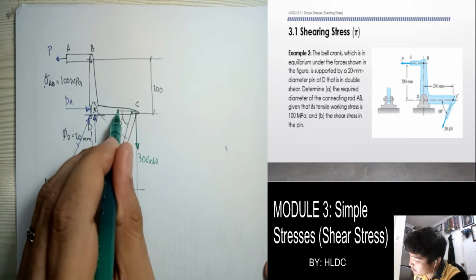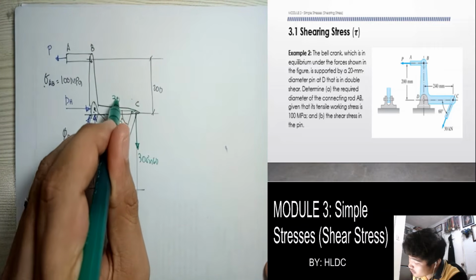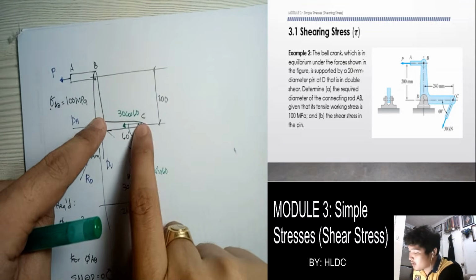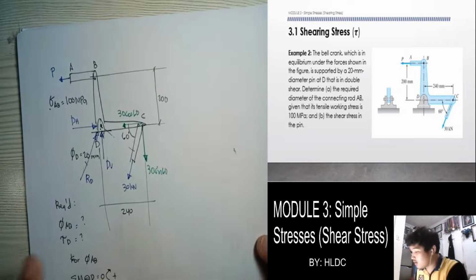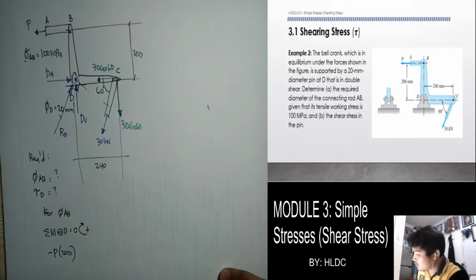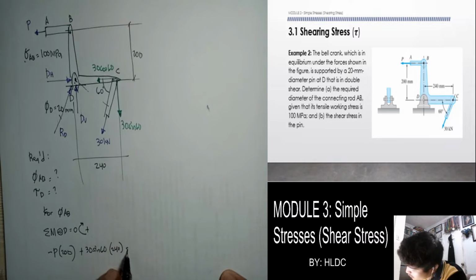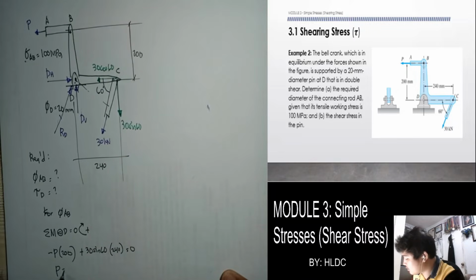Yung horizontal component niya is 30 cosine of 60. And then, at D, ito walang moment arm. Ito may moment arm na 240. So, clockwise ito, so plus 30 sine 60, moment arm is 240, equals 0.